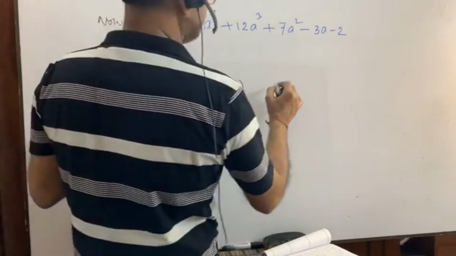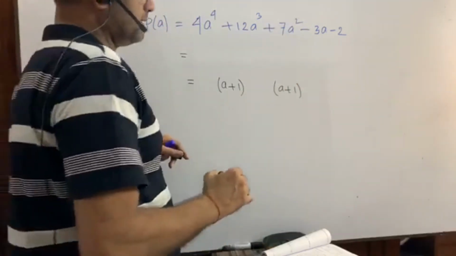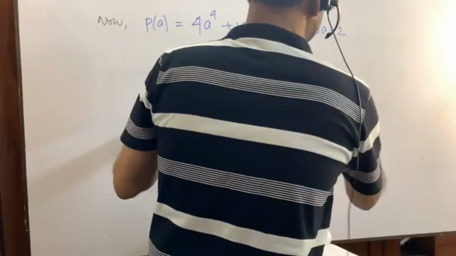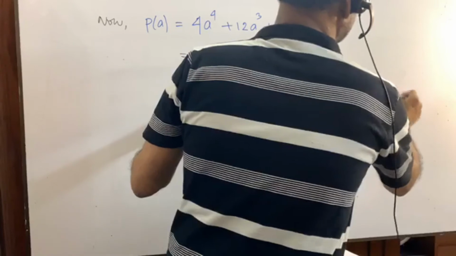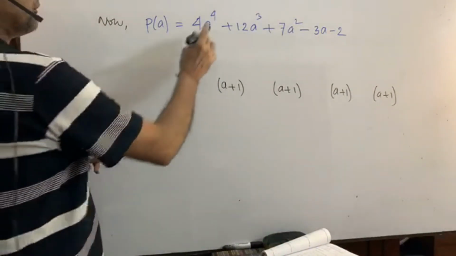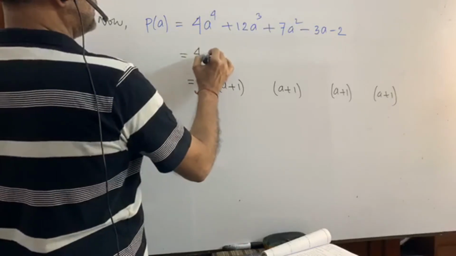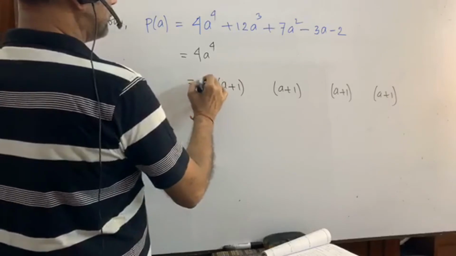A plus 1, A plus 1, A plus 1. Is it? Yes, it is. Now it is 4a to the power 4. What we need here? We need 4a cube.